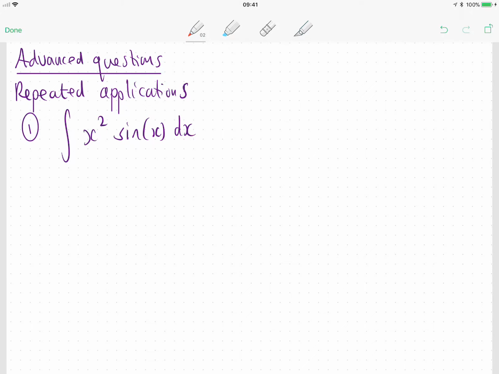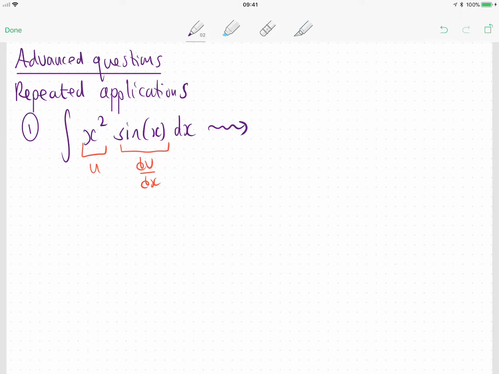Okay, so what do we see here? Well, I could label the x squared as u. So if I differentiate that, I have 2x. Forget about the 2. Constants are never particularly an issue. And if I integrate sine x to find v, this will be cos x.